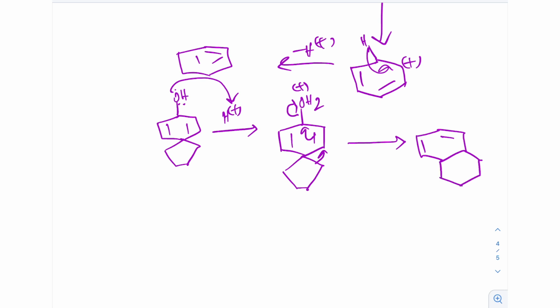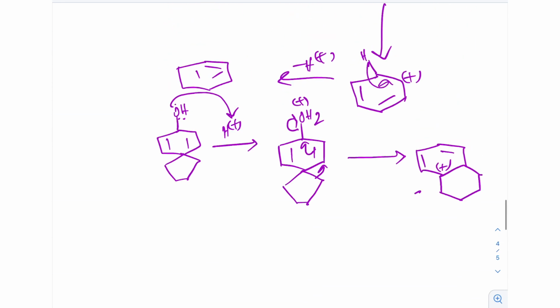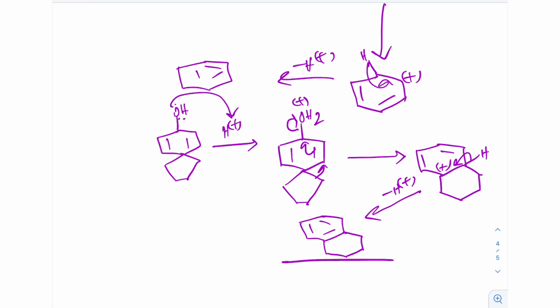This 6-membered ring, and as from this carbon atom the bond is being broken, there is a shortage of electrons, and as a result we are getting a plus charge over here. And in the final step, a deprotonation happens to gain aromaticity to stabilize the system. So this is the final product.